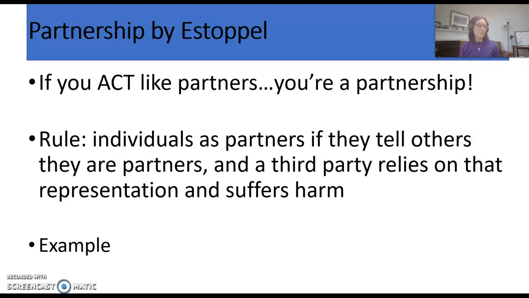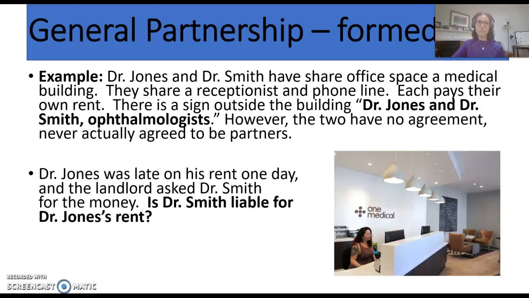You're the sole owner. But if you are a partner, then you share your profits with the partner, but you also share losses. So if you represent to other people that you and another person are partners, and someone suffers a harm and wants to sue you, you're responsible as partners, even if you didn't say to each other, yes, we're going to be partners. So don't act like you're partners if you don't really intend to be partners.